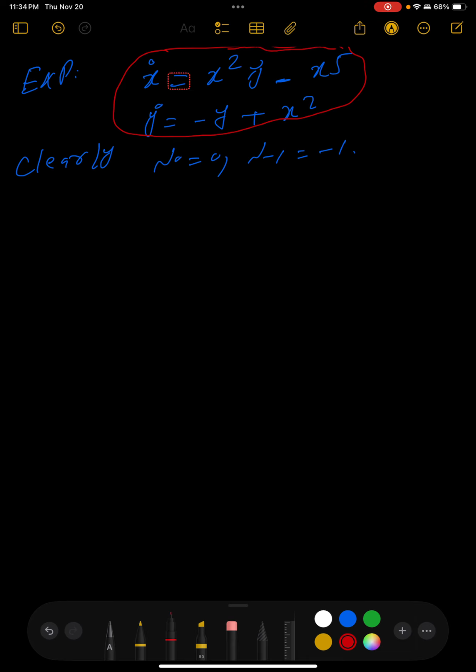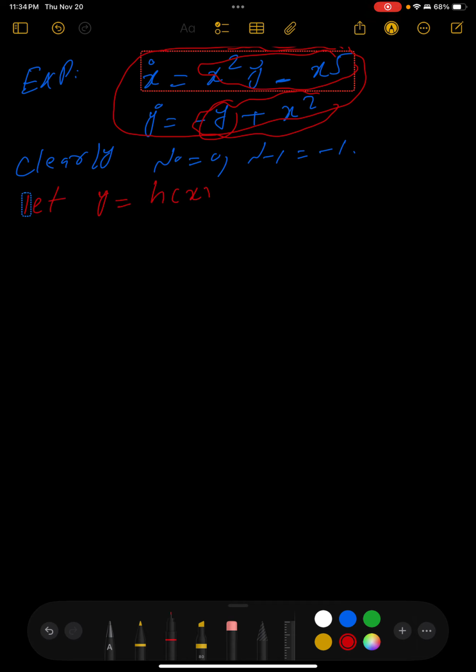Because there is no linear term in the x equation, and over here we have only one linear term, which is minus y. So clearly the linear part of x dot, y dot is uncoupled. If it is uncoupled, we will go straight ahead and say let y be h of x. Why are we assuming y?